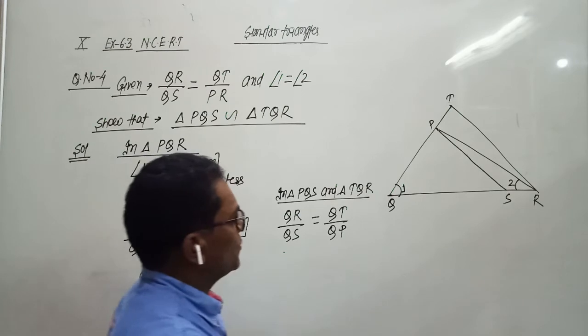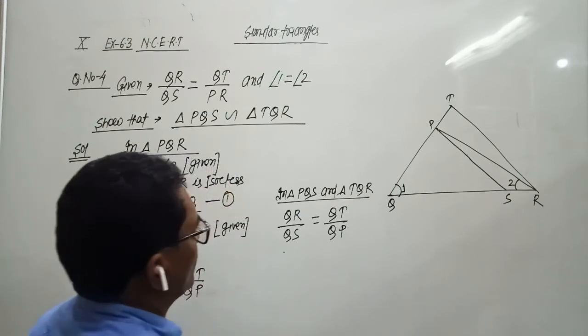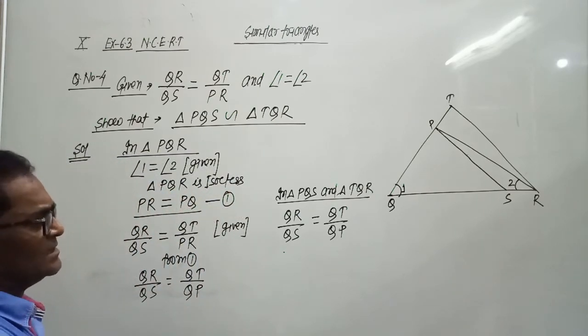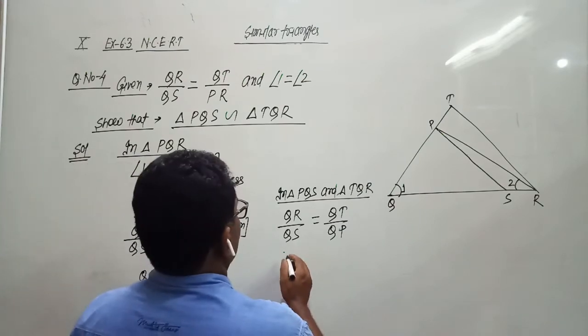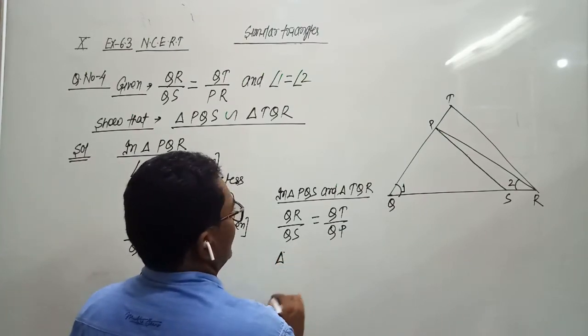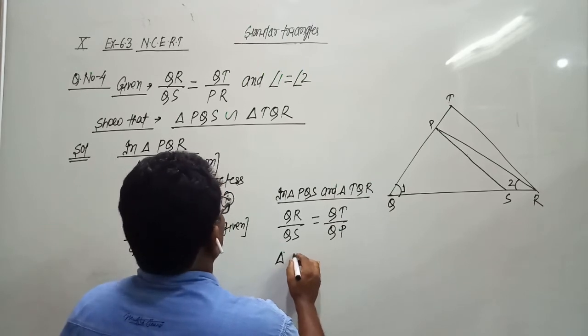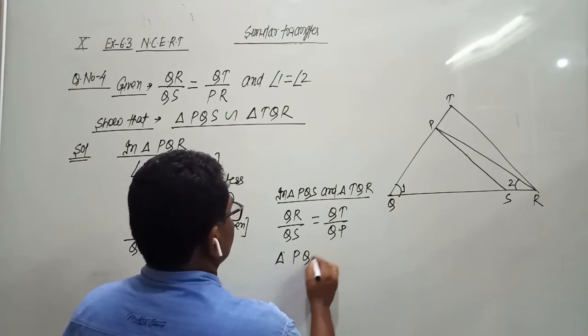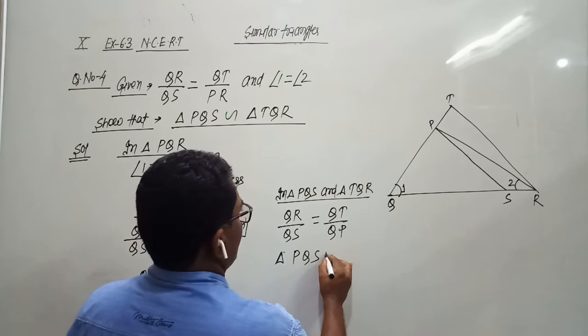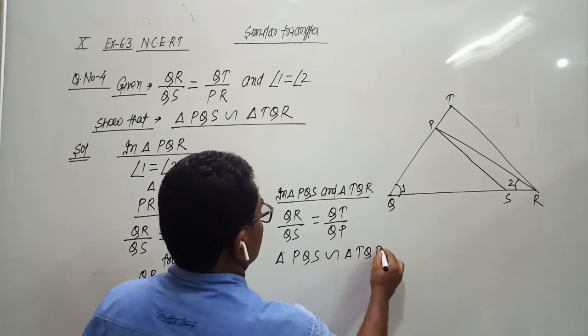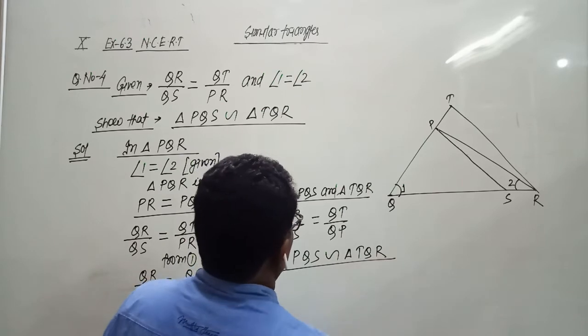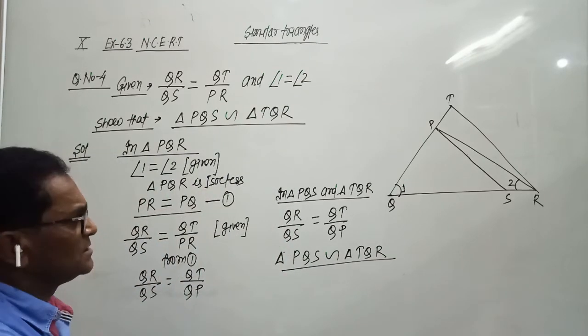Sides are proportional, therefore these two triangles are similar. So we can write that triangle PQS is similar to triangle TQR.